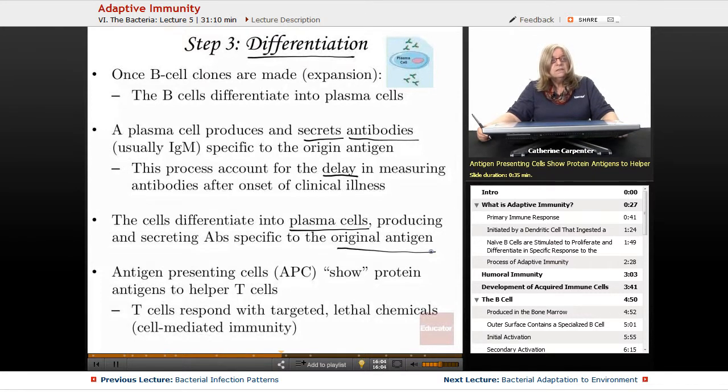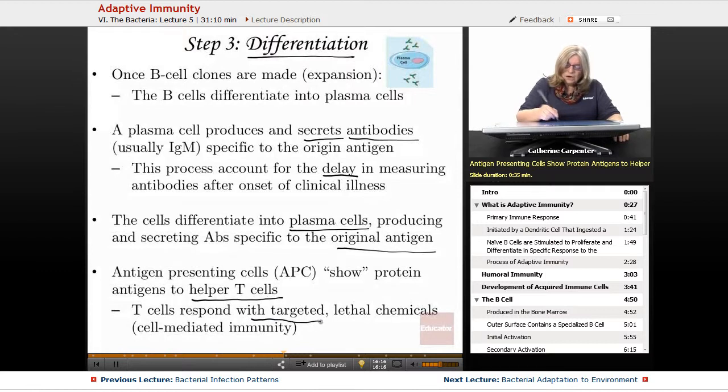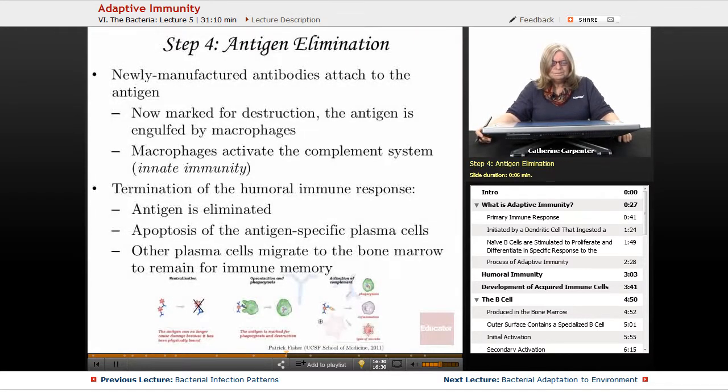So they present the shape of the antigen to T cells, and then the T cells respond in their own way. They have their own set of weaponry, and they respond with targeted lethal chemicals and lethal cells that eradicate the pathogen, and that's going to represent an entirely separate lecture.